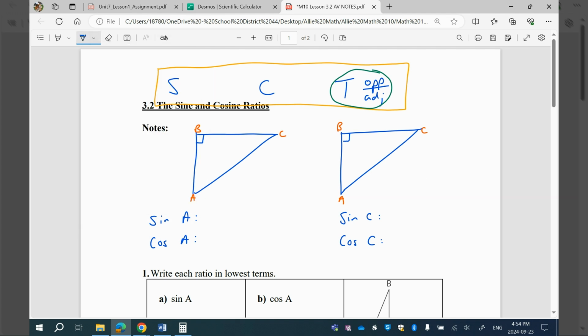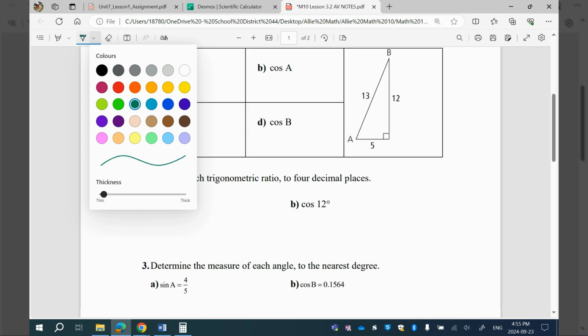And so we're going to be looking at, again, ratios from a reference angle, and that's just the angle that we're working from. So for triangle ABC, let's look from reference angle A. And we're still just labeling the sides.